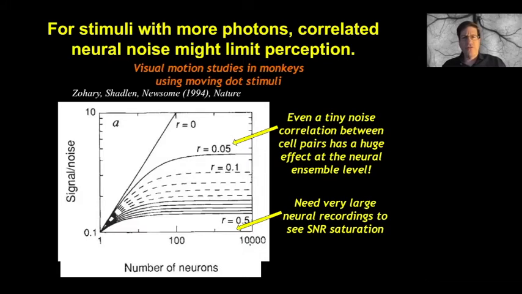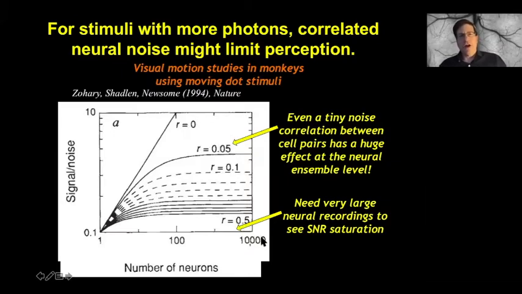This slide shows you an example calculation of how signal to noise can be improved by pooling the signals of multiple neurons. You can see that the x-axis is a log scale. There is the absence of correlated noise fluctuations, indicated by this curve here at r equals 0, a correlation coefficient of 0, and then small to moderate amounts of correlated noise.